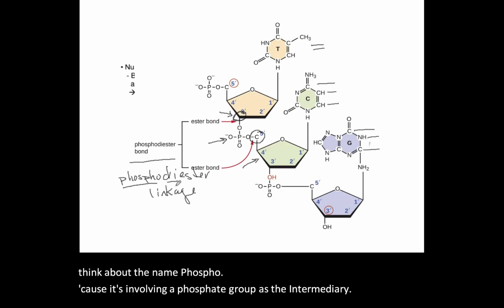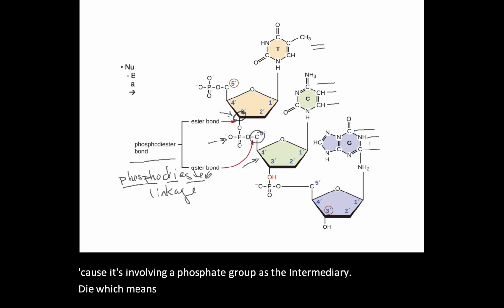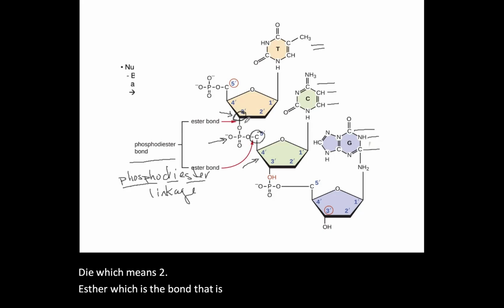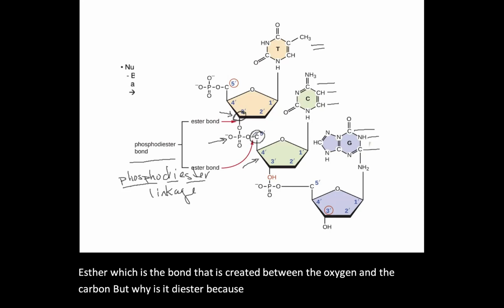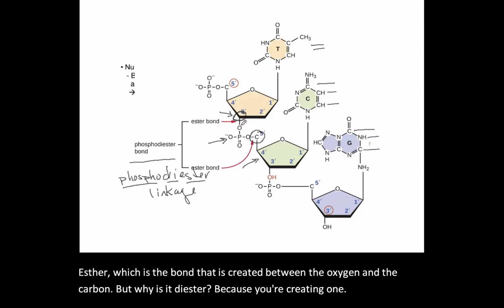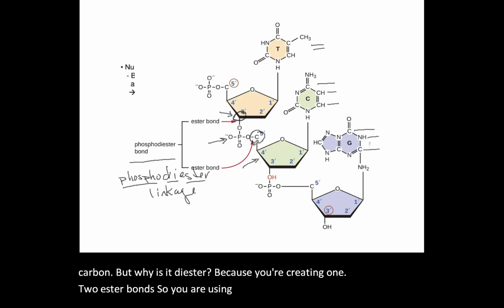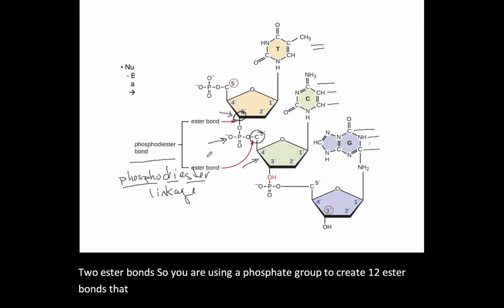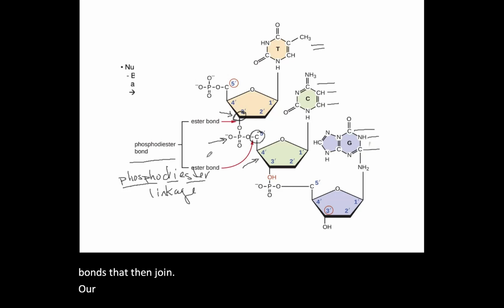Di, which means two. Ester, which is the bond that is created between the oxygen and the carbon. But why is it diester? Because you're creating 1, 2 ester bonds. So you're using a phosphate group to create 1, 2 ester bonds that then join vertically our nucleotides.